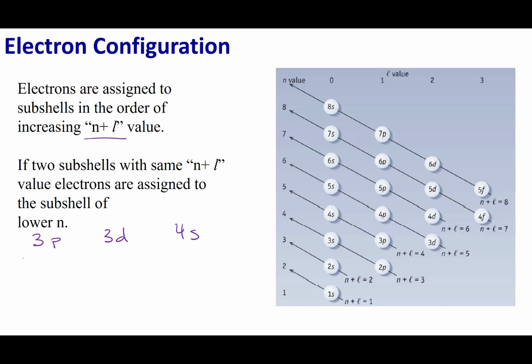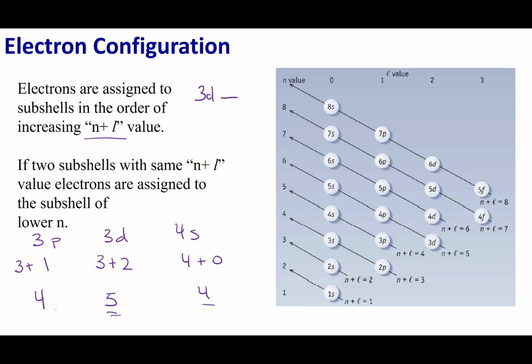In the first one, I have 3 plus 1, which gives me 4. For the second one, I have 3 plus 2, which gives me 5. This is going to be 4 plus 0, or 4. So what I can see here is 5 is the highest number, so it is the highest energy.